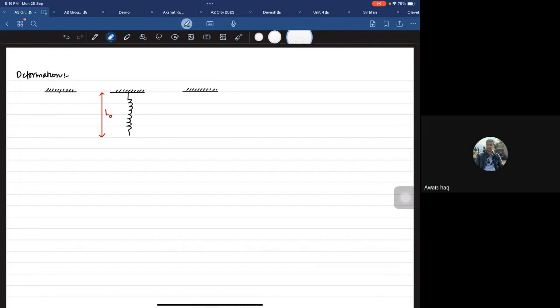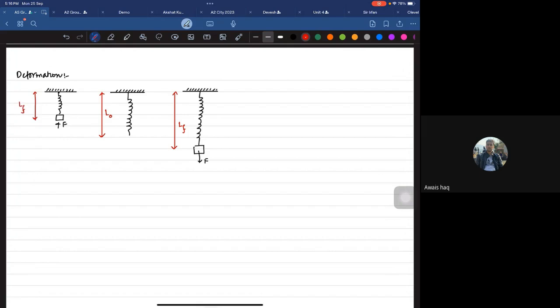And then if you pull it down with a force, the spring may extend a bit. So this will be its final length. Let's call this LF. And then a spring may also be compressed if you apply a force upwards. This would be the final length as well.